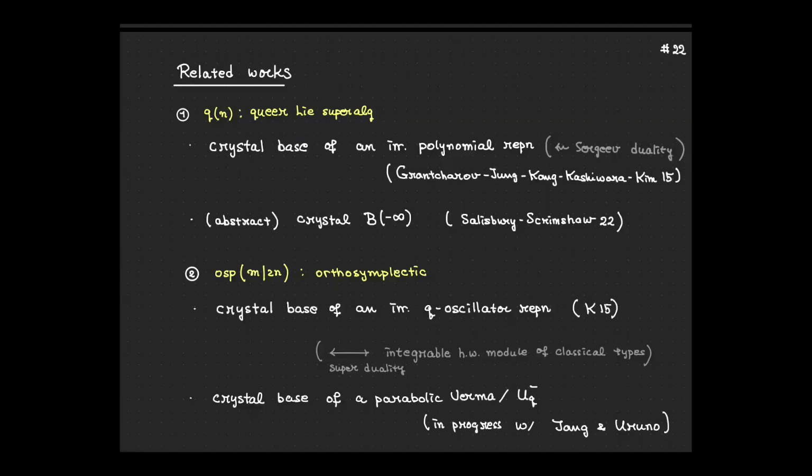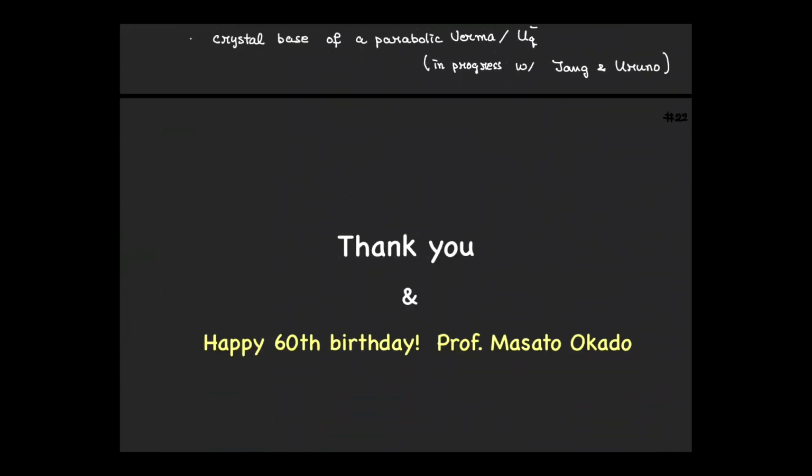By myself, I had many difficulties, but after I began visiting here, I learned much more about the well-known results on quantum affine algebras, their representations and R-matrices. I was really happy to have a chance to give a talk at the Osaka representation theory seminar, to meet Professor Okado and to work with him. Okay, that's all for my talk, and thank you very much.